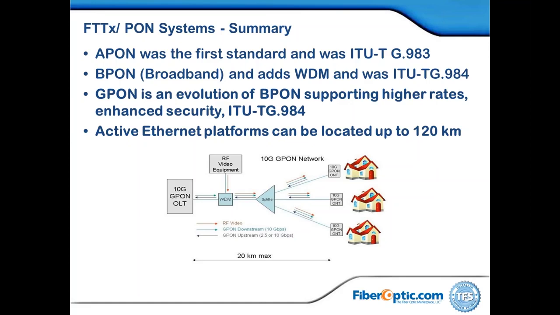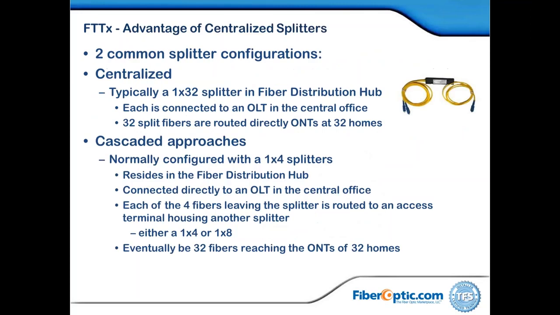But you see a very simple, say 20,000 typical length, where we have a 10G GPON OLT, and on a certain wavelength we inject the RF video equipment. So you now have the signals flowing upstream and downstream, as you see, through a series of splitters. And we'll talk about what wavelengths do what. But that's the basic.